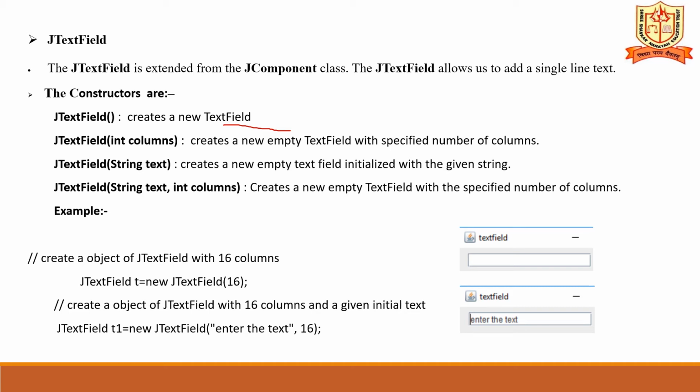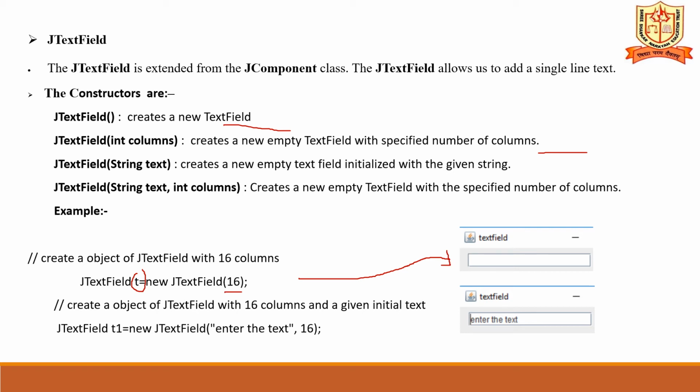That constructor creates a new empty text field with a specified number of columns. See here, I have given the example here. JTextField, t is the object of the text field, and new JTextField you have to give 16 as an integer parameter that will create this text field like this. I think it is understood.